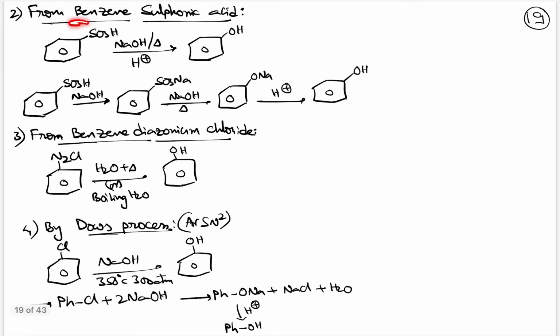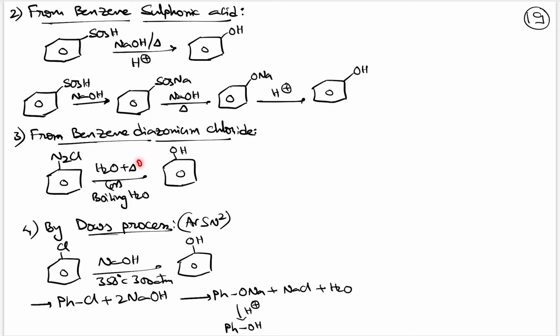Next, from benzene sulfonic acid. When benzene sulfonic acid is treated with NaOH plus heating followed by acidification, the SO3 group will be eliminated and the OH group will attack, and you will finally get phenol. From benzene diazonium chloride.